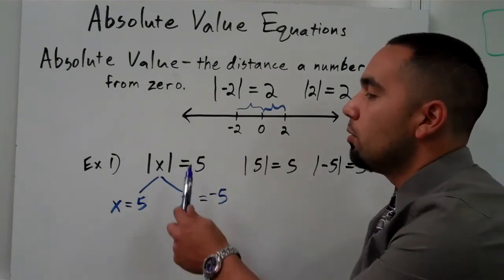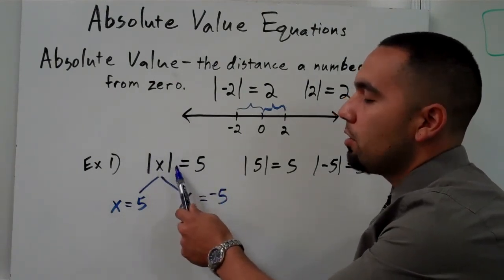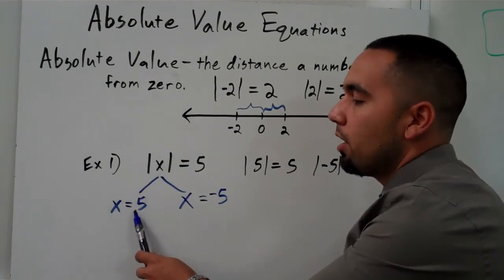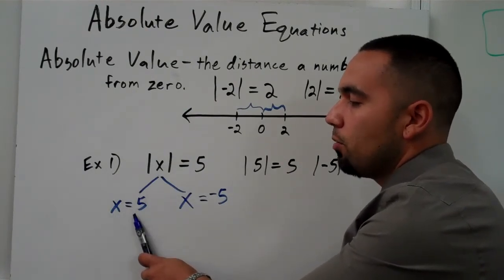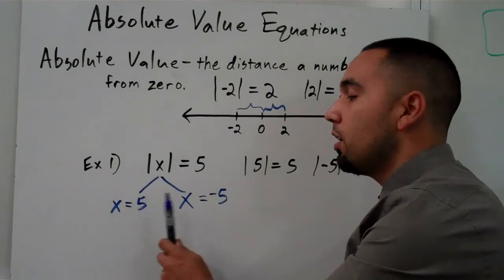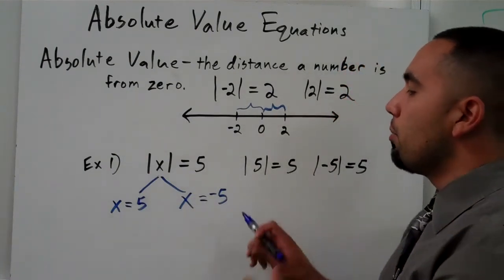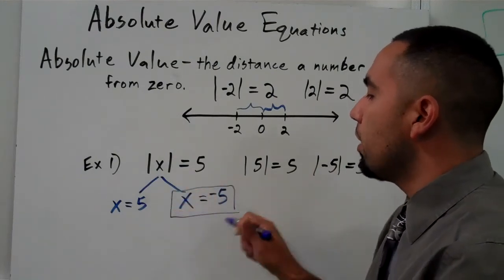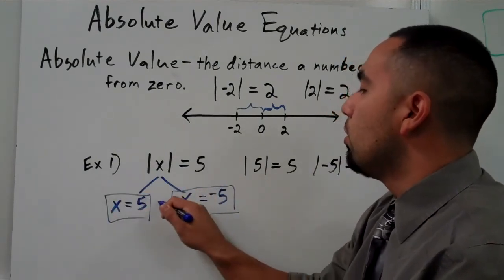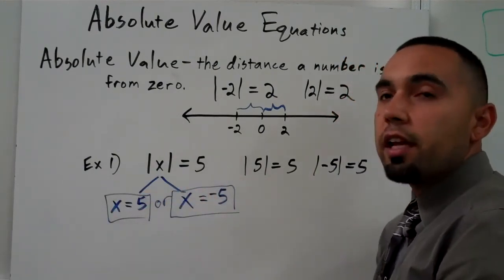Okay? So whenever I get rid of absolute value symbols, all I do is I make two situations. I make one equation where it's positive, and I make one equation where it's equal to a negative. And these would be my answers right here. So it's possible for x to equal 5, or x equals -5.